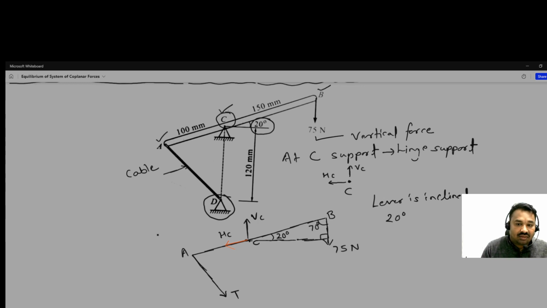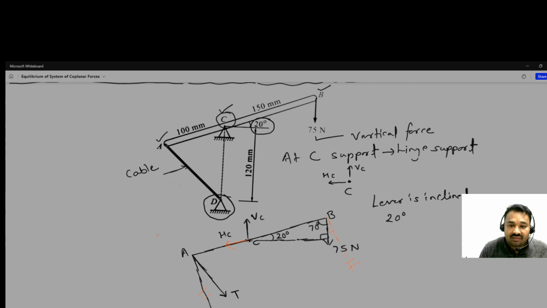As this lever is inclined, suppose we draw a line, this one and this one, both are parallel. Okay, so what about this angle?